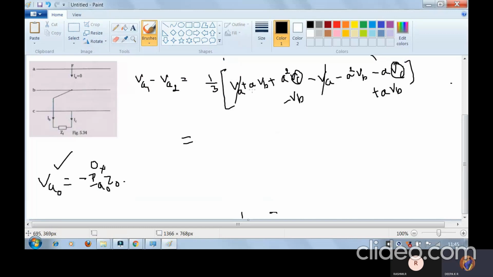Then I have A into VB, but also A square into VB, so I can't do any subtraction or cancellation. So just take the common terms and keep it in a form. I'll write 1 by 3 as it is, and VB is common, with A minus A square left out.